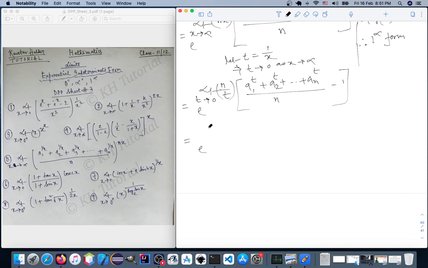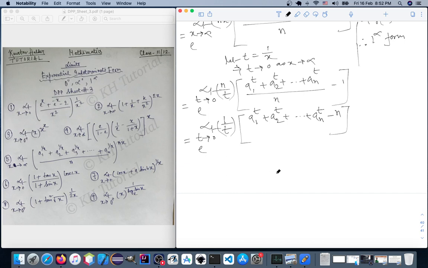This becomes limit t tending to 0. The n will cancel out. So here we will have 1 by t, and over here we will have a1 to the power t plus a2 to the power t plus an to the power t minus n. The n gets cancelled out. Okay, so there is minus n.